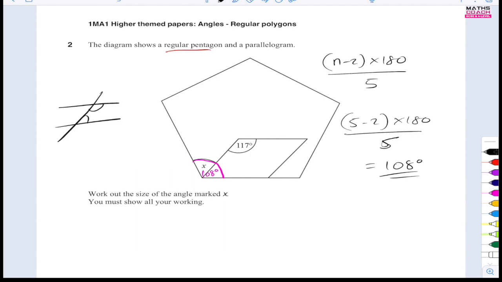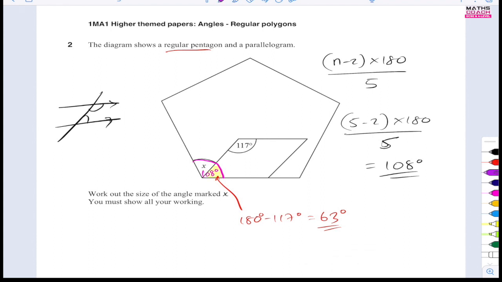These two add up to 180 degrees, and these are our two parallel sides. So to find out what this angle right there is, we do 180 take away 117, and that gives us 63. So we know that this angle right there is 63.